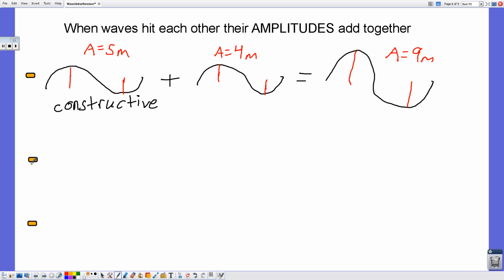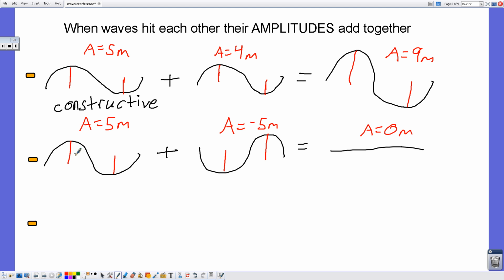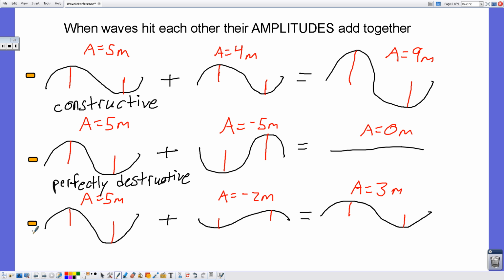The second type of wave, where you have this, and they cancel each other out, that would be perfectly destructive interference. As opposed to when you got this and this and they only cancel out a little bit, that's just called regular old destructive. So, I know I said 2 things. I lied. It's 3 things.